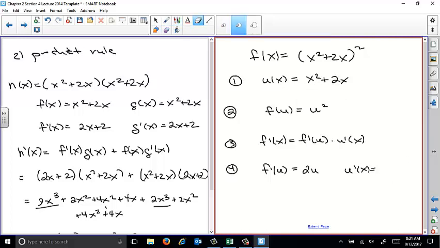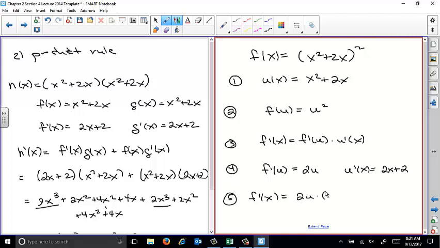No, it's 2x plus 2. Right? 2x plus 2. Okay, so that's the derivative of the u part. Again, we're just using things we already know what to do. And then step 5 is to plug it in. So f prime of x equals 2u times 2x plus 2.